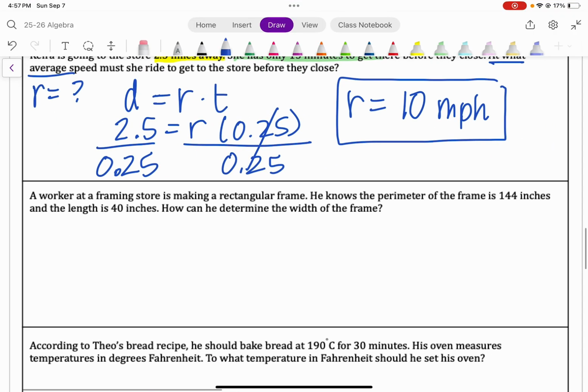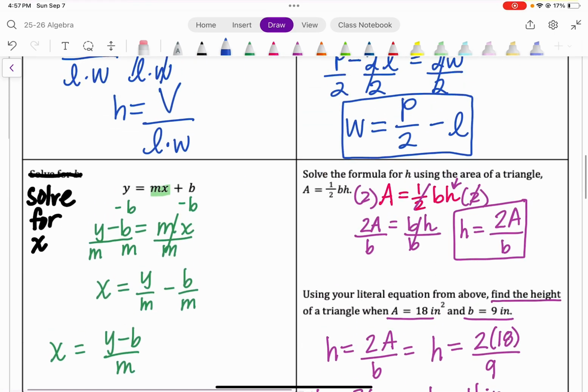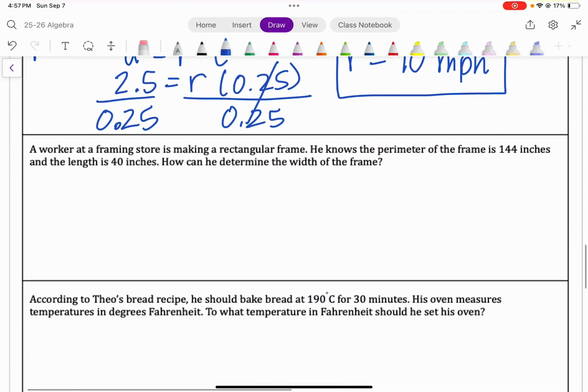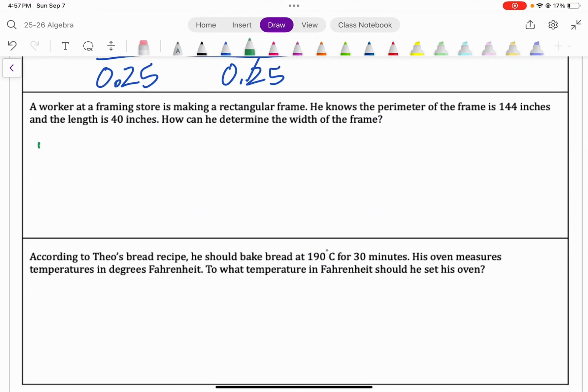Okay, next, a worker at a framing store is making a rectangular frame. He knows the perimeter is 144 inches and the length is 40. So the formula we used above, W equals P divided by 2 minus L. So I can see in the problem the perimeter of the frame is 144.